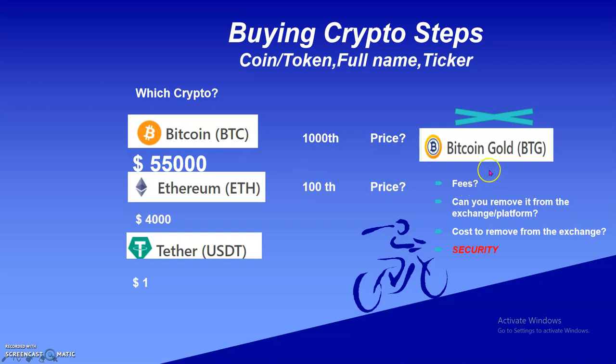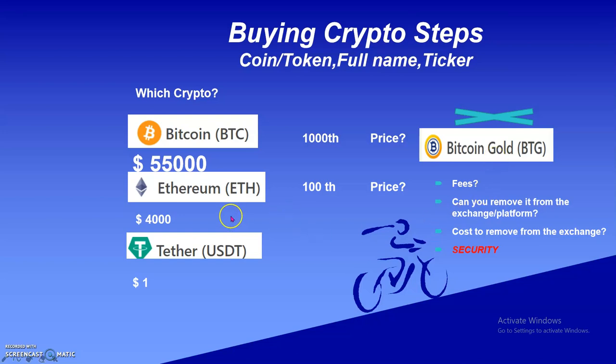As an example, Bitcoin Gold was created through a hard fork, and the short symbol for Bitcoin Gold is BTG. So when you're choosing on the exchange to buy Bitcoin, you need to be very sure that it's the correct Bitcoin you're referring to and not one of the other variants or hard forks of the Bitcoin blockchain.